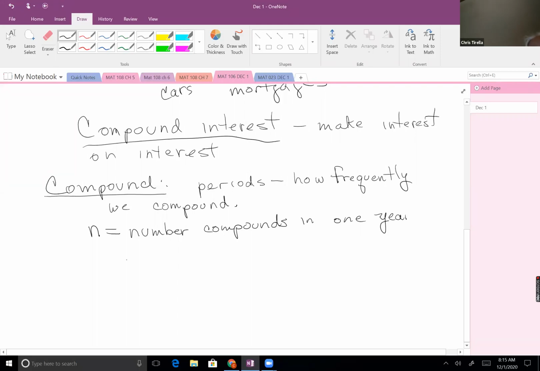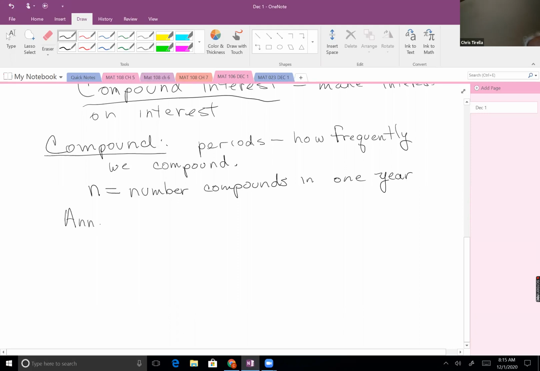If we compound annually, that means once a year, so n is 1. If we compound semi-annually, then n is 2. It means twice a year.